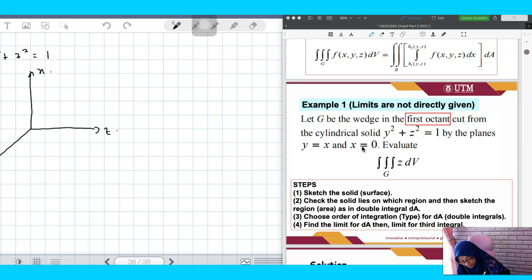So originally we have a cylinder lying along the x-axis. We have the circle with radius 1, and we do the projection, and we get a cylinder.